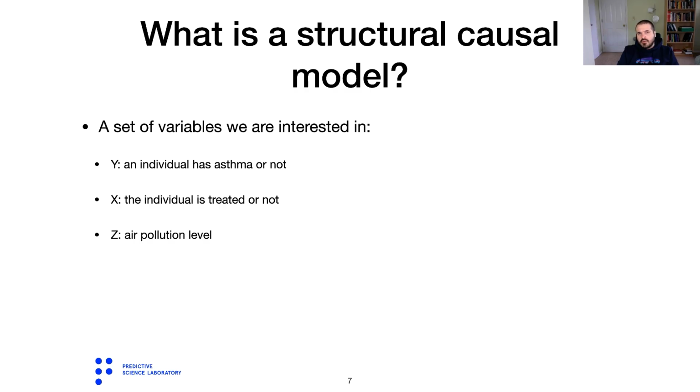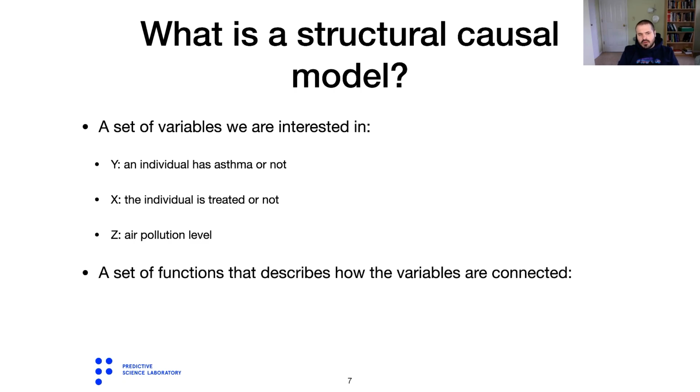This variable can take, let's say, 3 different values. There's no air pollution, there's a little bit of air pollution, there's a lot of air pollution. 3 different values, 0, 1, 2. Now, that's the first step, coming up with all the players in this game, coming up with all the variables that have some role in this situation.